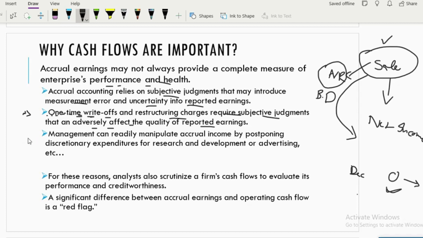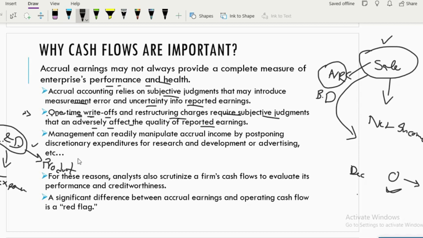Management can readily manipulate the accrual income by postponing discretionary expenditures for research and development or advertising. Here is a common example: research and development expenditures are required to be expensed, but sometimes management deals with them as product cost, meaning they make them part of the inventory.